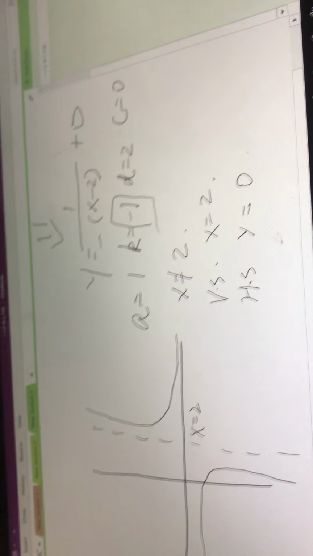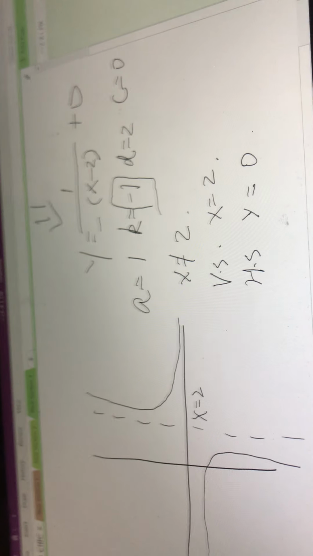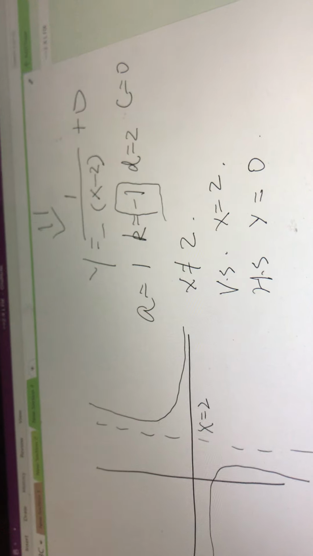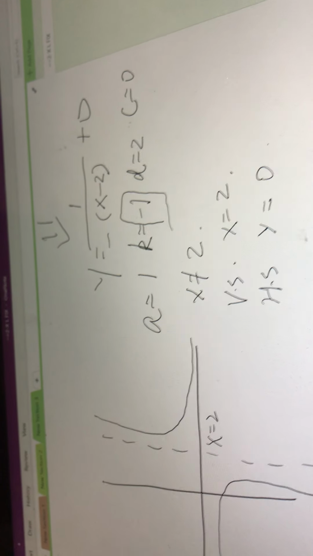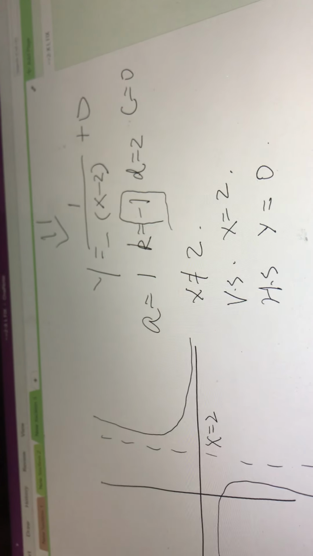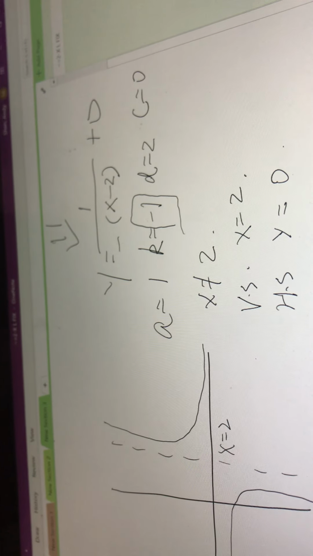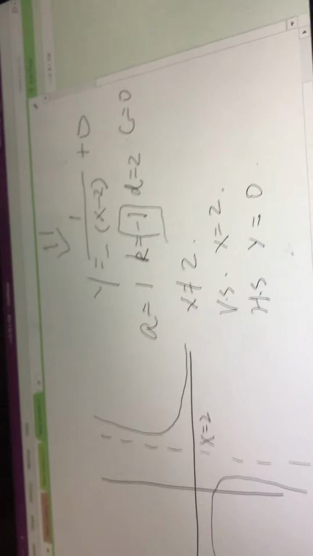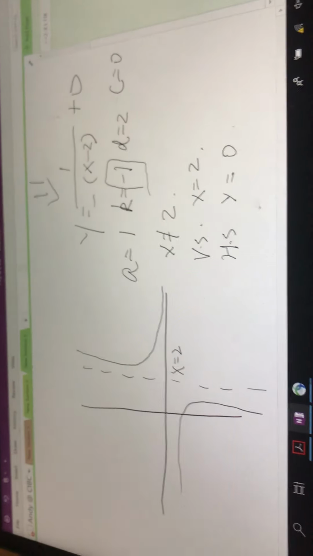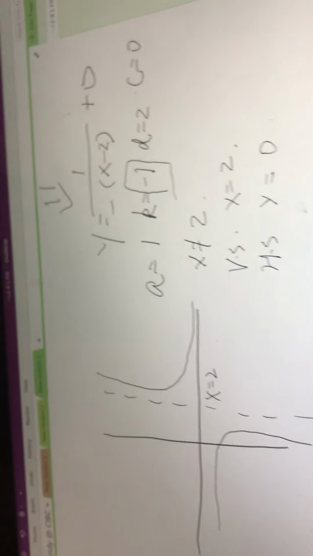Which means what? Negative 1 means it will do a reflection based on the y-axis, right? Is that correct? Yes. Since it will do the reflection based on the y-axis, then what should we do?